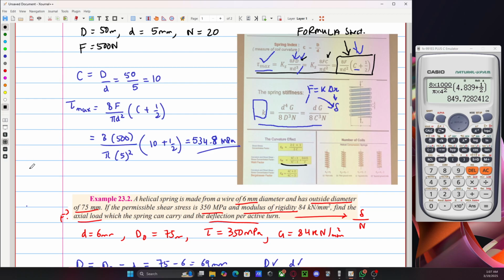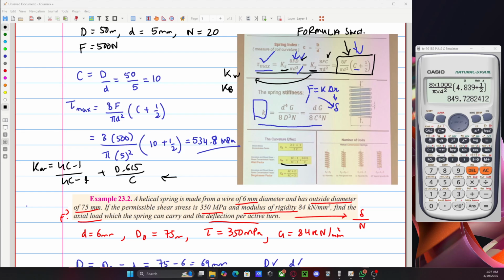So for Kw, that is (4c minus 1) over (4c minus 4) plus 0.615 over c. You just plug in what c is, and that's our Kw. So instead of Ks, you'll have Kw, or you'll have Kb. He will specify it. He said that if he doesn't specify it, you have to assume Ks. So if he specifies a different one, then we have to use a different one. Otherwise, we use Ks.